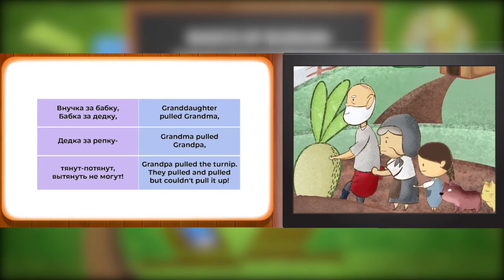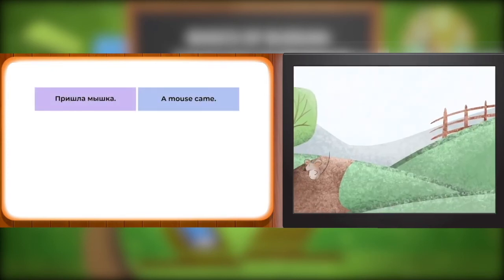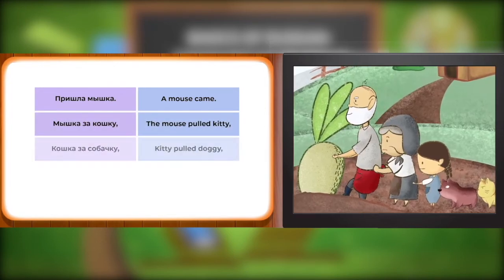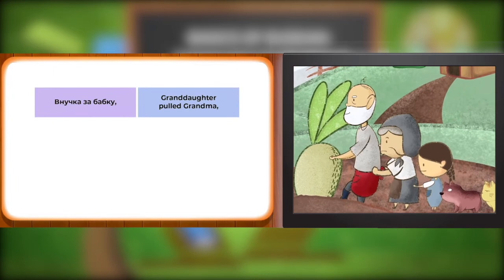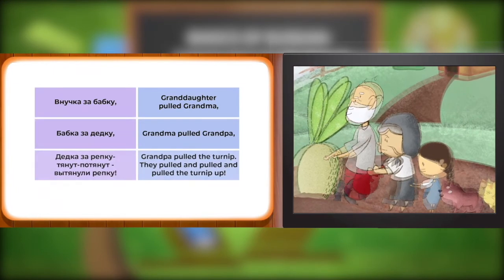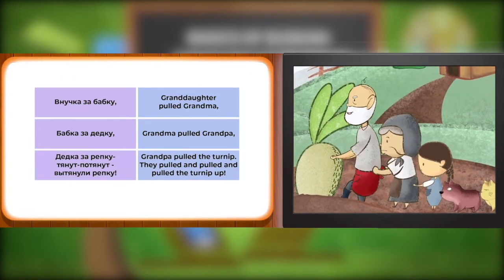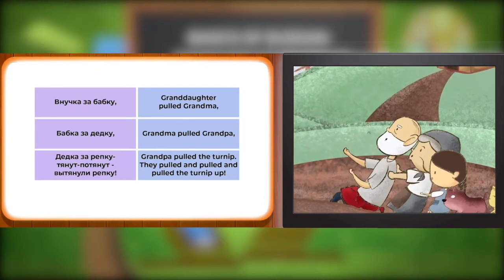Then they pulled and pulled but could not pull it up. Then a mouse came. The mouse pulled kitty, kitty pulled the doggy, doggy pulled granddaughter, granddaughter pulled grandma, grandma pulled grandpa, and grandpa pulled the turnip. They pulled and pulled and pulled the turnip up.